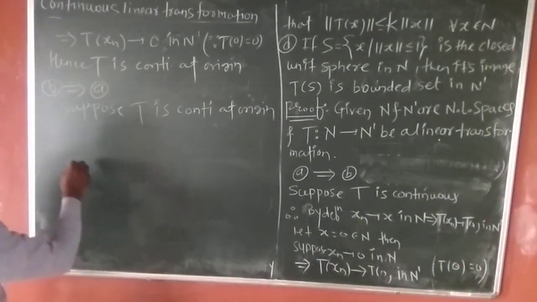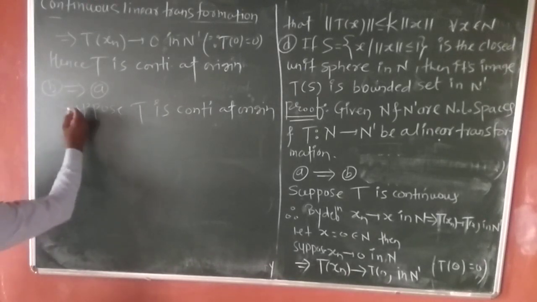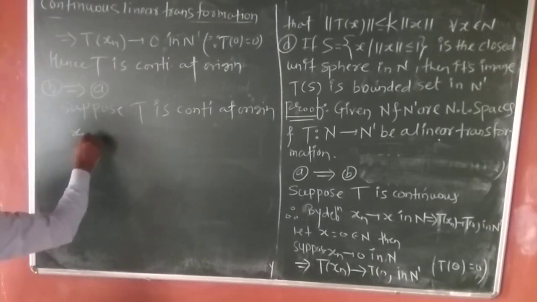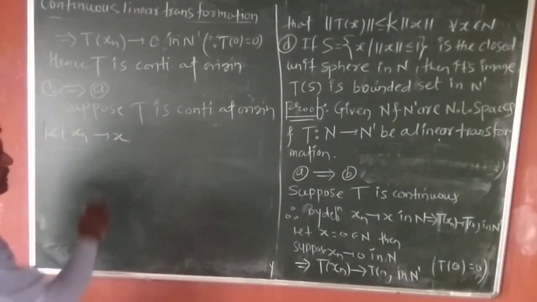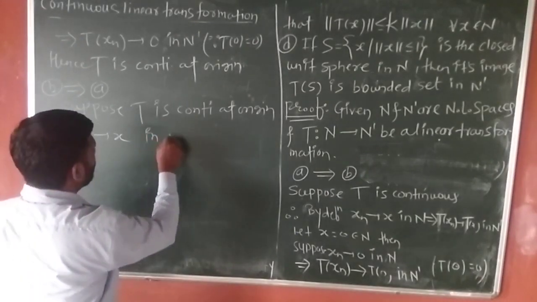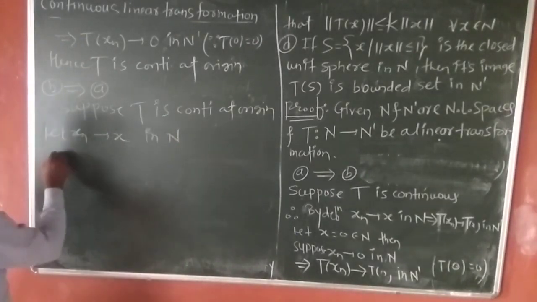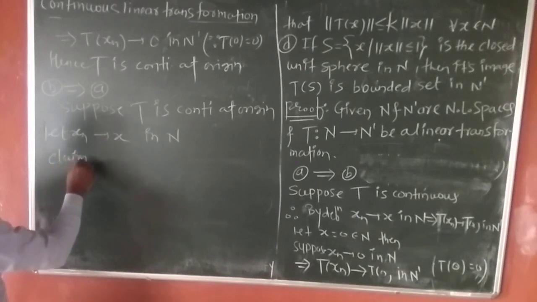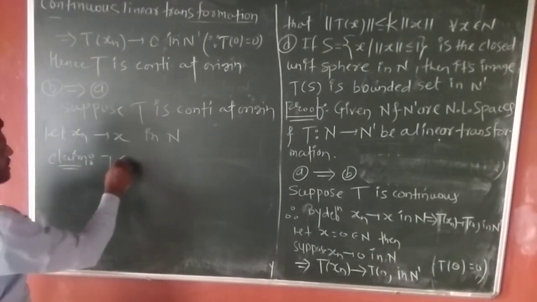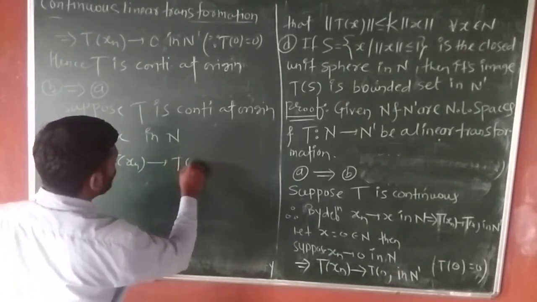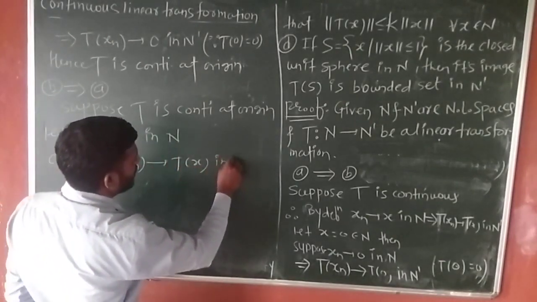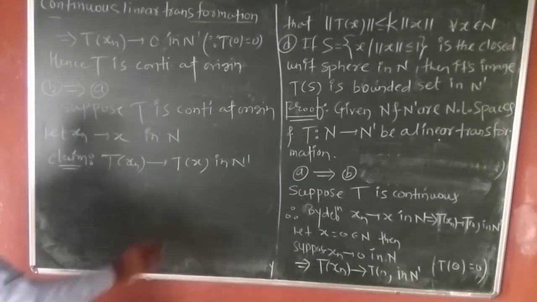That means we suppose that x_n tends to x in N. What do we have to show? Our claim is T of x_n tends to T of x in N dash.